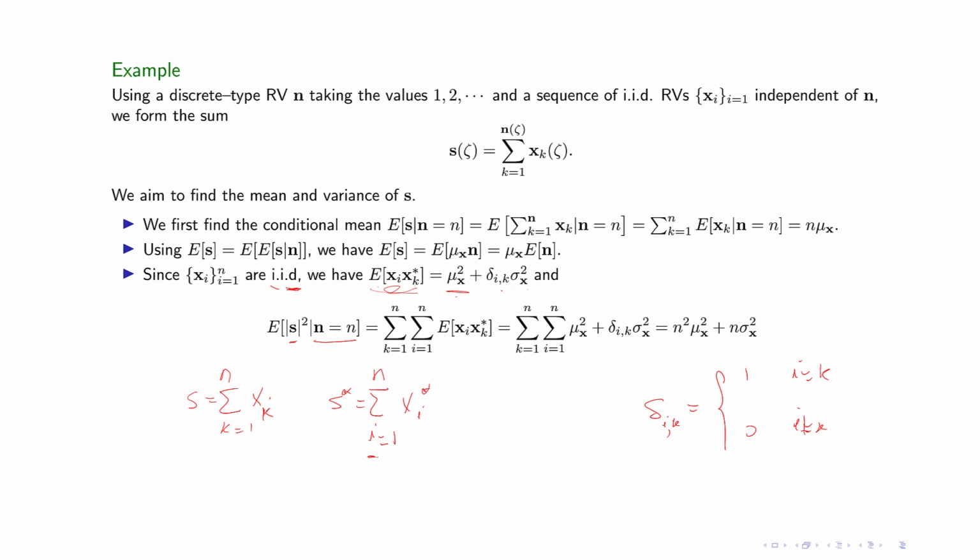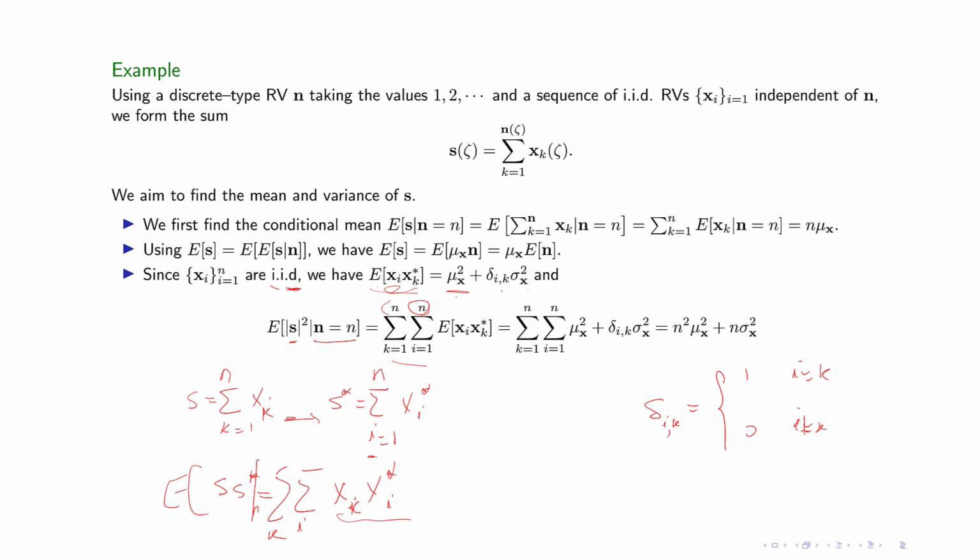Here I use a different dummy variable. If you multiply these two together, you get the summation over i, summation over k, of xi, xk conjugate, or we put the conjugate the other way. And then if you calculate the mean of that, obviously given n, you get the mean of these.